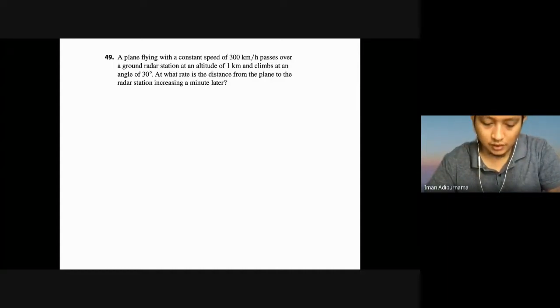And then the question: at what rate is the distance from the plane to the radar station increasing?